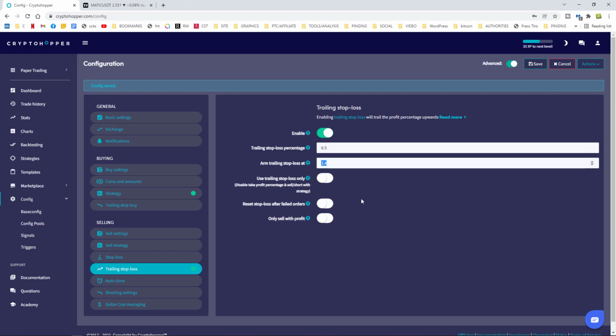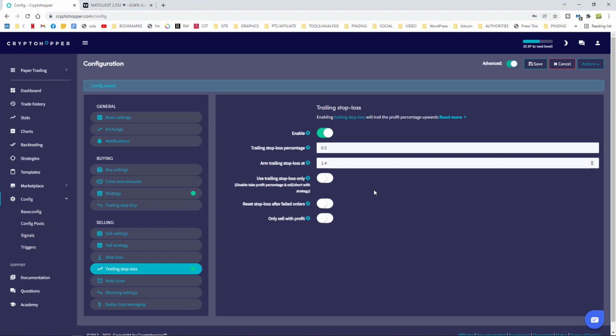The trailing stop loss, once your, let's say, $100 of Bitcoin gets to 1.4% in profit, the trailing stop loss will be activated. Now, what happens if it gets to 1.4%, it's activated, and then Bitcoin starts coming down? Well, once it comes down 0.5% from that 1.4, so if it drops down to 0.9% in profit, it will sell it quickly, just in case Bitcoin is coming down.